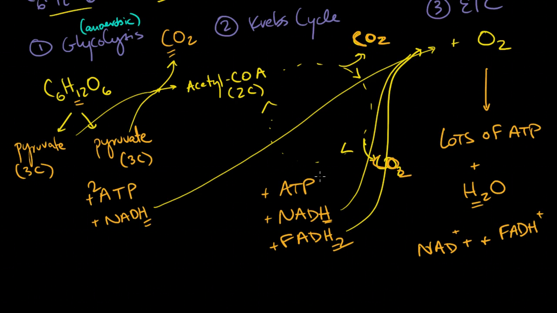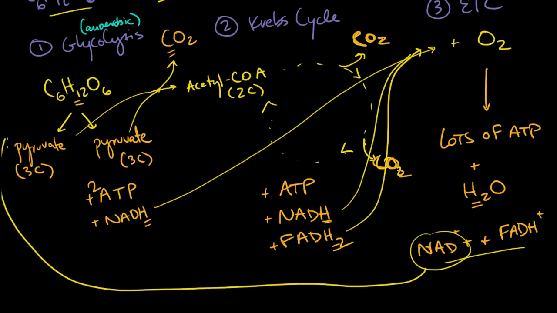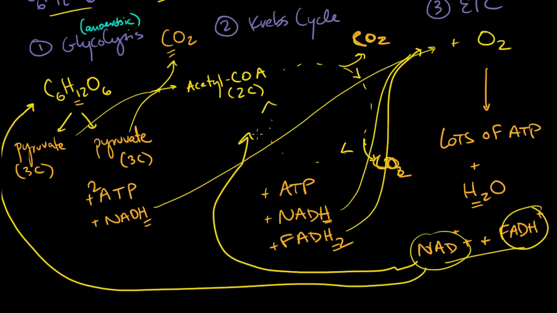Well, they go back to the cycle. NAD plus goes back to be one of the reactants of glycolysis, so I should amend that: glucose is not the only reactant. Really, NAD plus is one of the reactants, and FAD and NAD plus go back into the Krebs cycle.